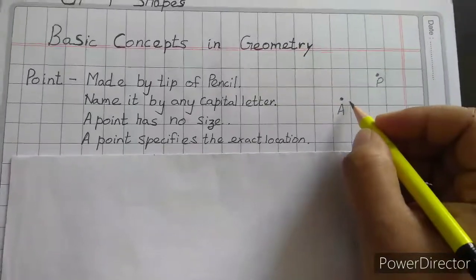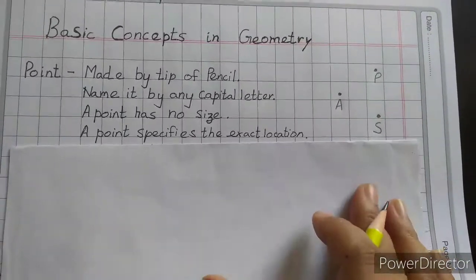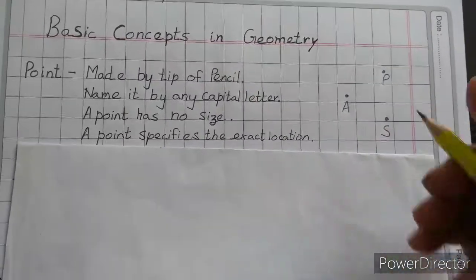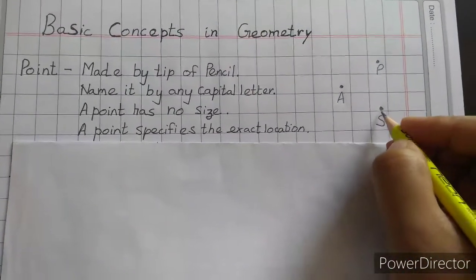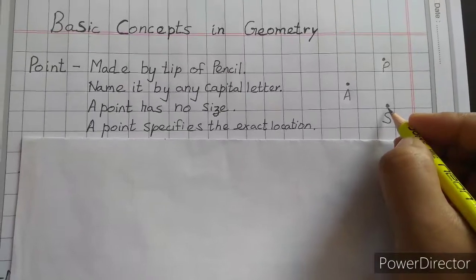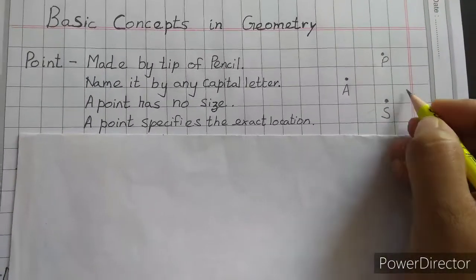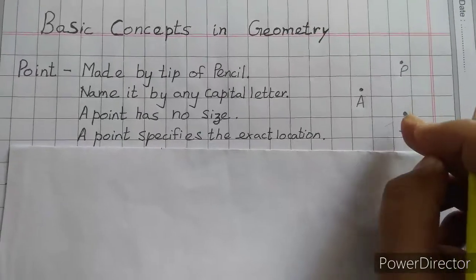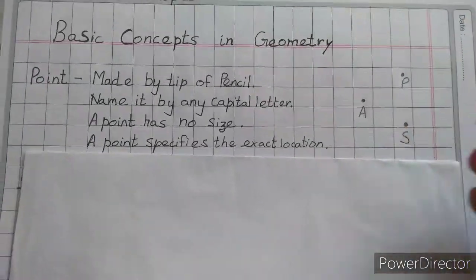A point is made at the tip of a pencil or a marker. It has no size. It defines the exact location. The line will cross at this point. So it specifies the exact location. Okay?